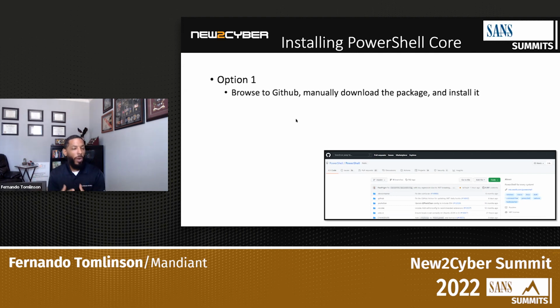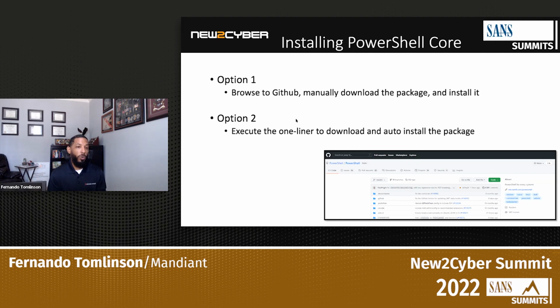So now it's being crowdsourced. That code is on GitHub, the platform that I mentioned just a few minutes ago. So we can browse to GitHub, manually download the software, and then install it on our system, and we'll have PowerShell Core.